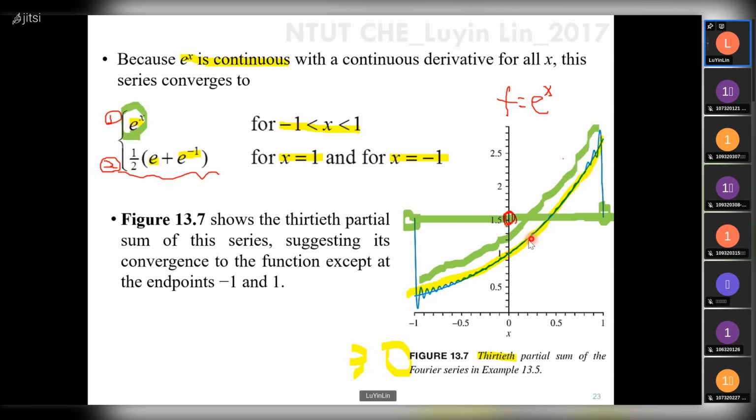So it converges to a very similar curve, but at the two ends, x equal to 1 and x equal to -1, you will find the answer is very different from exponential x. It is equal to this value, 1.5.